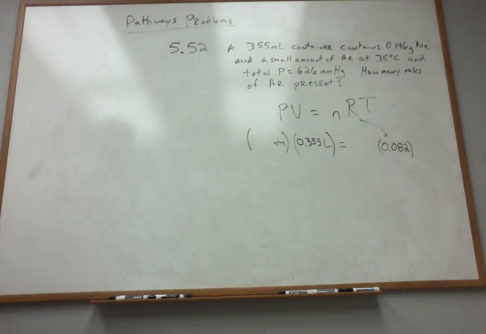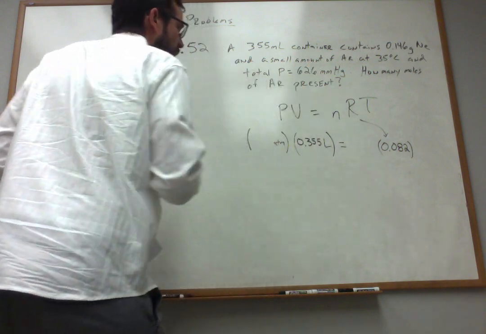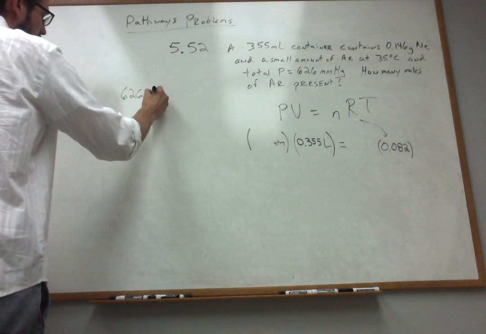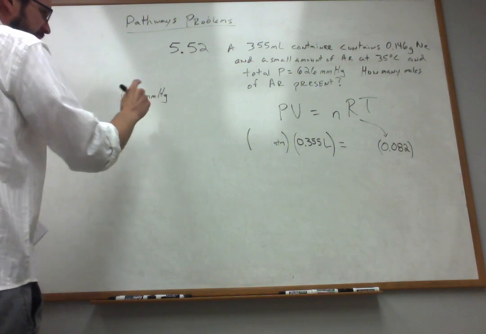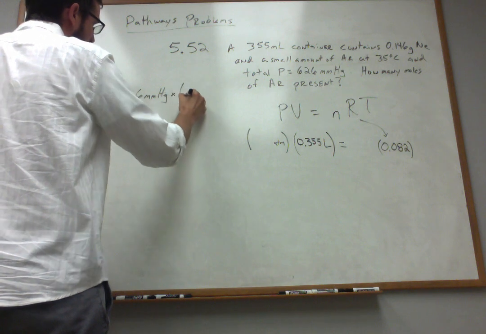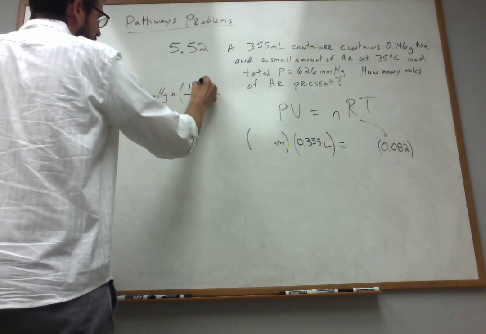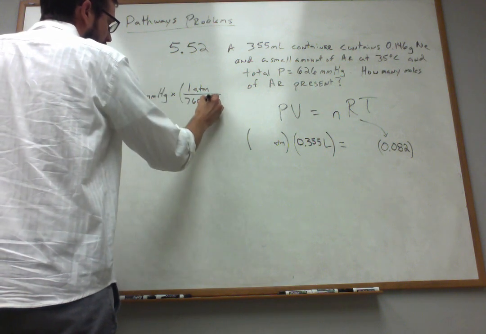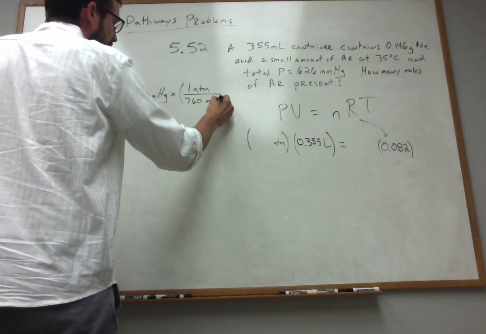Just for me personally. Now, I need a P value, a pressure value, to go along with this volume. What do I know about the pressure? Well, I was told the total pressure is 626 millimeters of mercury. I just got through saying I needed to use atmospheres pressure, so I'm going to need to convert. But that's a pretty easy conversion by this point because I know there are 760 millimeters of mercury in an atmosphere.